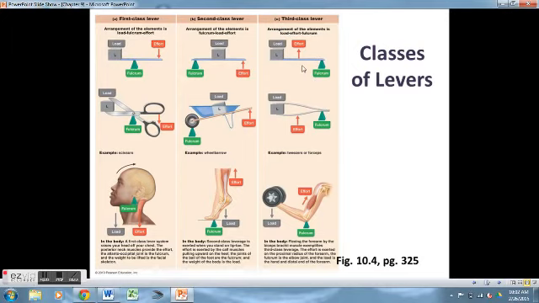And then the last class of lever, really similar to second class, but we flip-flop the load and the effort. Now the load's on the end, the effort's in the middle, and the fulcrum's on the other end. So this would be what we use when we're doing a bicep curl. And that sounds really strange. Obviously the load is the weight in our hand, and our fulcrum is our elbow.